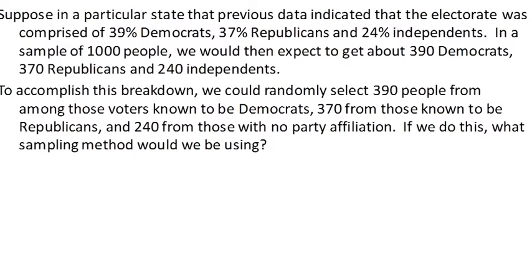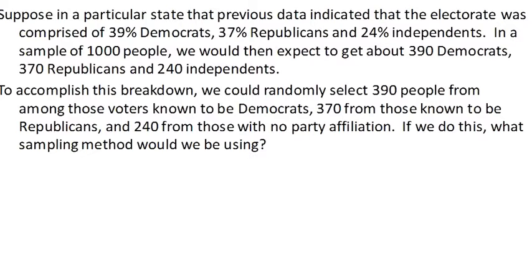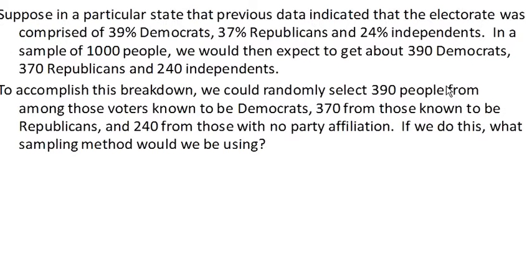One option would be to go ahead and do our simple random sample and just hope that everything works out okay, because chances are it will come out pretty close. But another option would be to randomly select 390 people known to be Democrats, 370 known to be Republicans, and 240 with no political affiliation. This is assuming that people have somehow indicated their party affiliation.